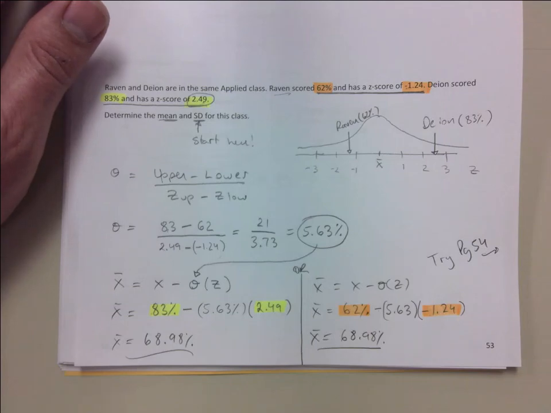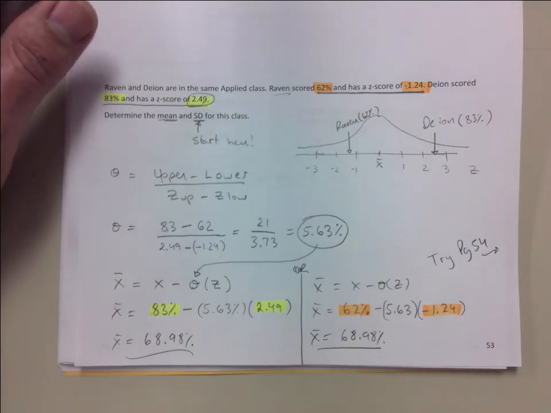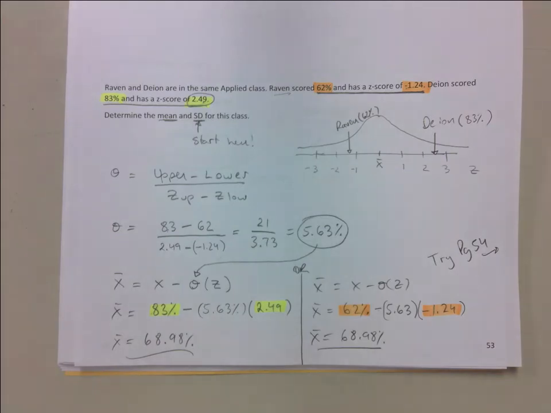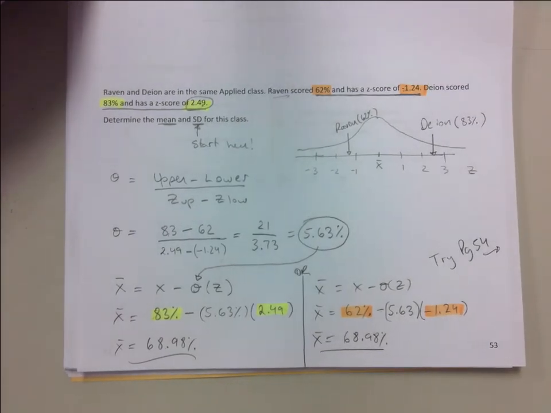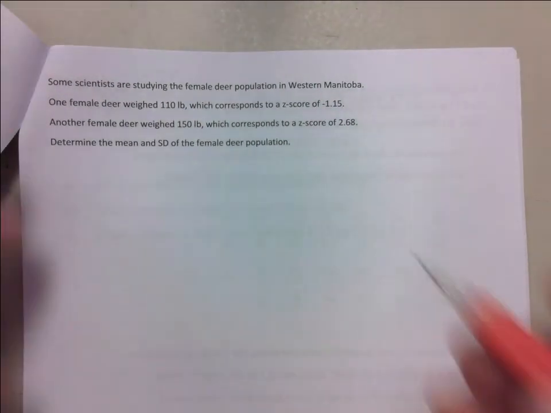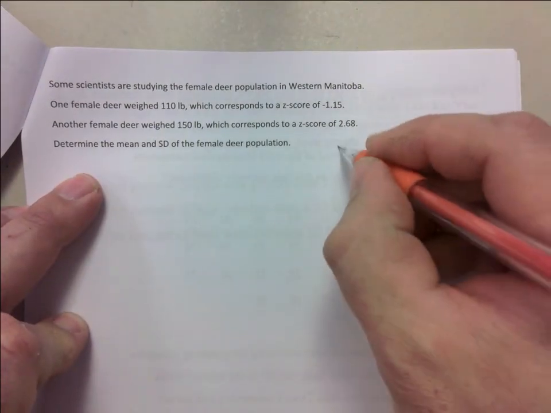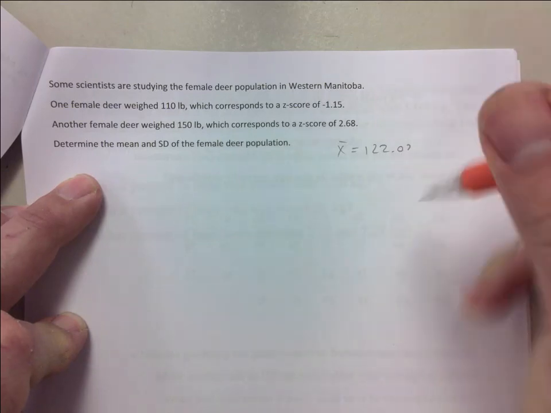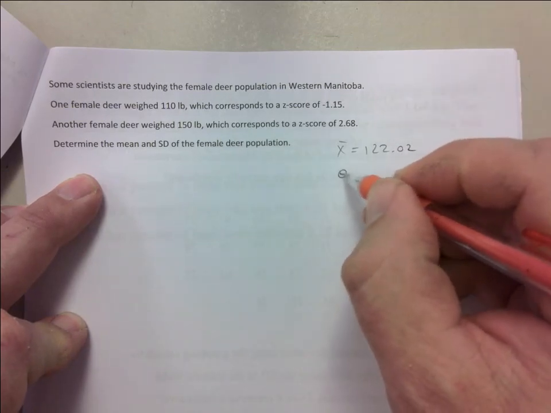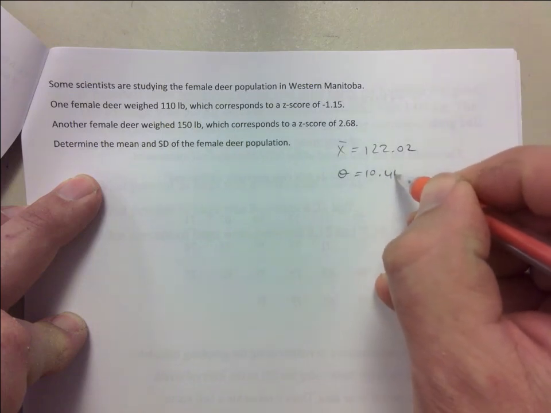I'll give you the answers so you're not just walking blindly. The mean is 122.02. The standard deviation is 10.44 pounds.